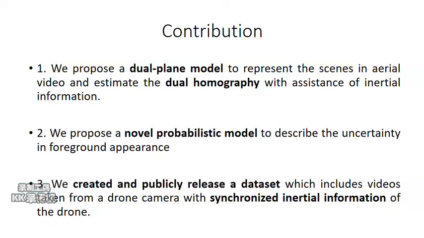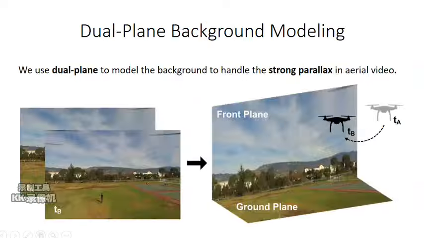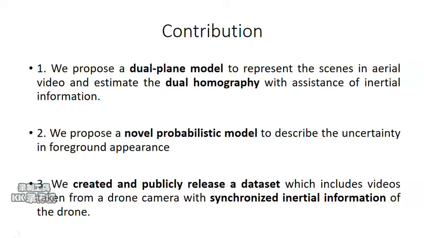Second, we propose a novel probabilistic model to describe the uncertainty in foreground appearance, which can efficiently distinguish independently moving objects from dynamic background. Third, we create and publish a dataset which includes videos taken from a drone camera with synchronized inertial information of the drone.